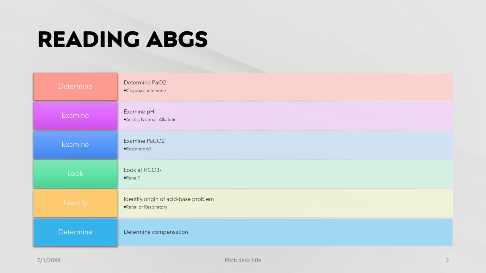Are we having a metabolic acidosis, a metabolic alkalosis? That's where we're going to identify the origin of our acid-base problem. What is causing this problem, our kidneys or our lungs? And then we'll look and see if we have any sort of compensation. Is that buffer system trying to compensate for the metabolic acidosis? Are we breathing out more CO2 then?